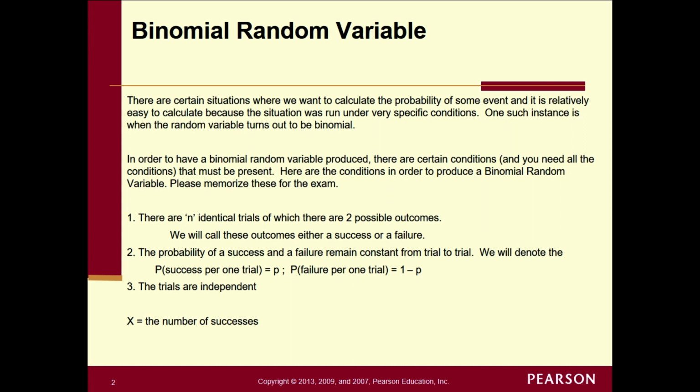In order to have a binomial random variable produced, there are certain conditions that you have to run your trials with, and as long as you meet those conditions, then whatever x turns out to be will be binomial. Now you need all the conditions. You can't just have one or two of these present. You need all of them. If you only have one or two, you might have a completely different random variable on your hand. So you need all of them.